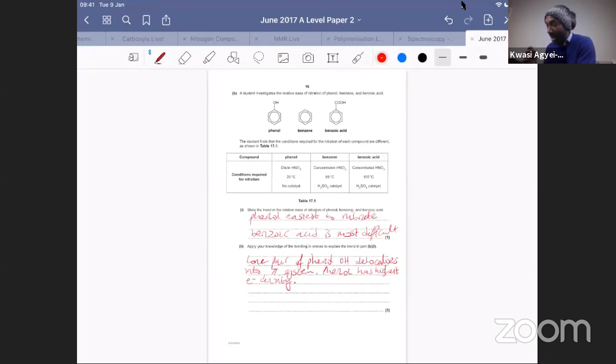Okay, and if we consider benzene, benzene is electron poor. There's no delocalization into the pi ring.